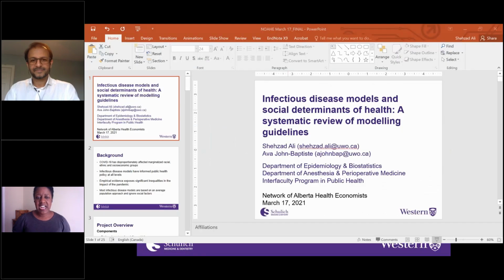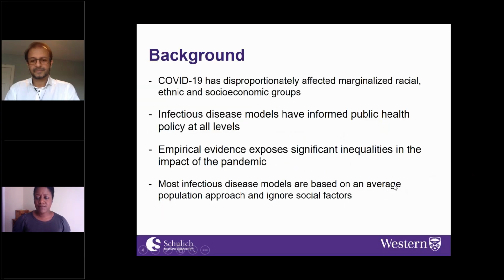Our motivation for this topic arose from the fact that very early on in the COVID-19 pandemic, it became clear that there were disproportionate effects on marginalized racial, ethnic, and socioeconomic groups. What also became clear was the importance of infectious disease modeling in informing public health policy at all levels, despite empirical evidence that exposed significant inequalities in the impact of the pandemic.